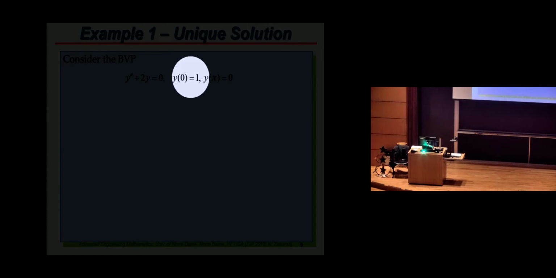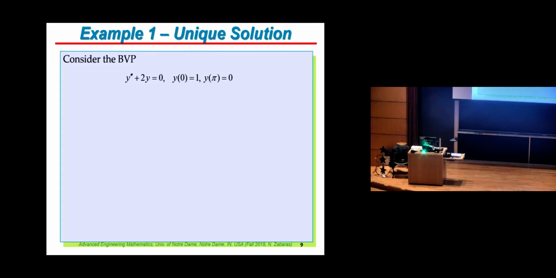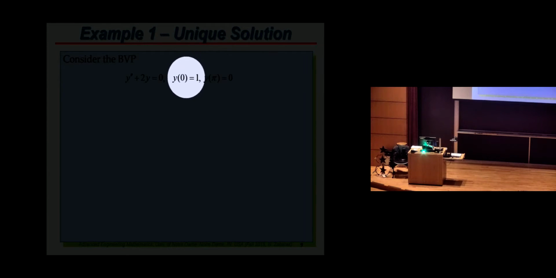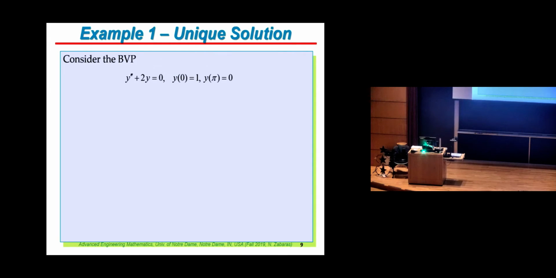You can see I have two ends, x equal to 0 and x equal to pi, and the boundary conditions are... I'm sorry, who said yes? This is not a homogeneous problem. Why is it not homogeneous? I just realized it: why is 0 equal to 1? So that's a non-homogeneous problem, the way we introduced it.